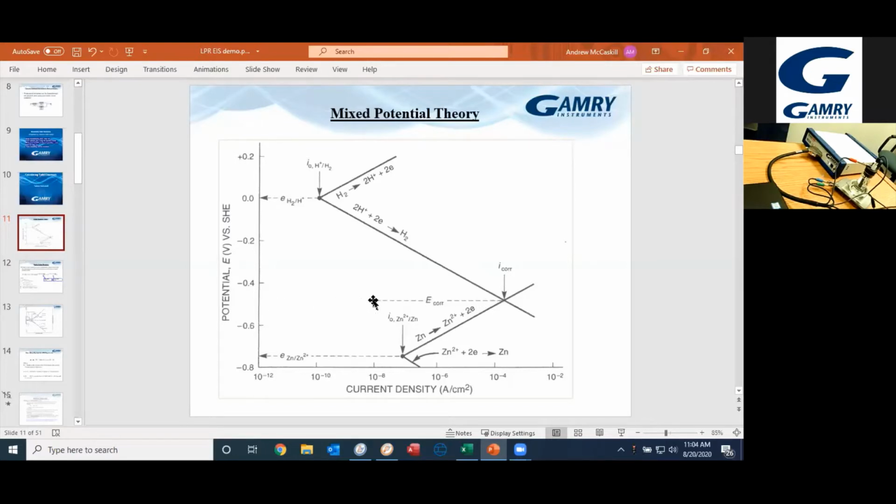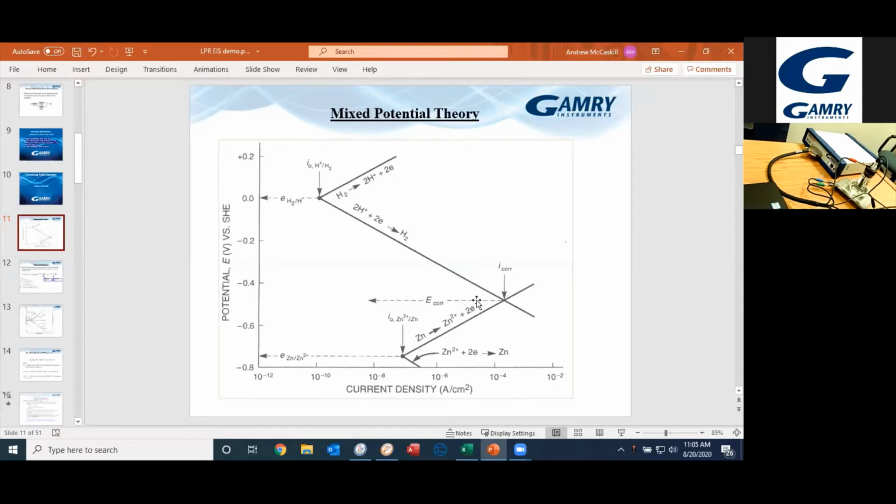And that's going to be the potential that we see that aligns with the intersection right here. We have potential versus our current density on the x-axis here. So this common potential is the potential that these two reactions will come to, and that's known as E-corr, or your open circuit potential, or your mixed potential.